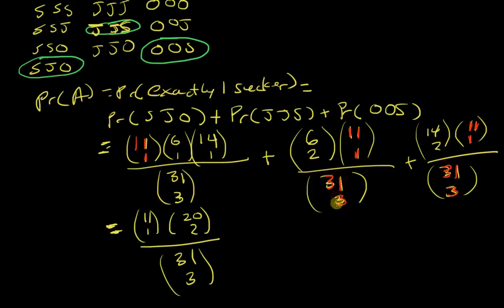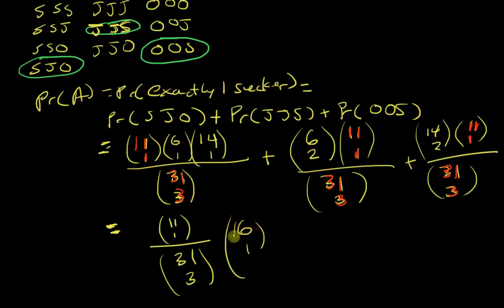So if you were to pull those out, doing the opposite of the distributive property in algebra, then I would have 6 choose 1 times 14 choose 1, 6 choose 2, and 14 choose 2.